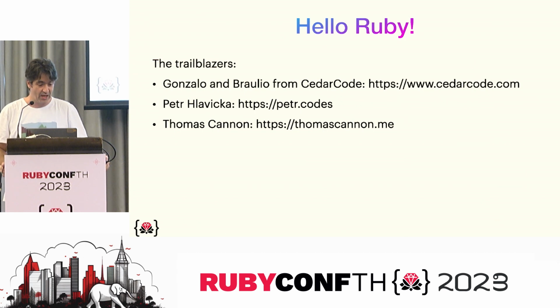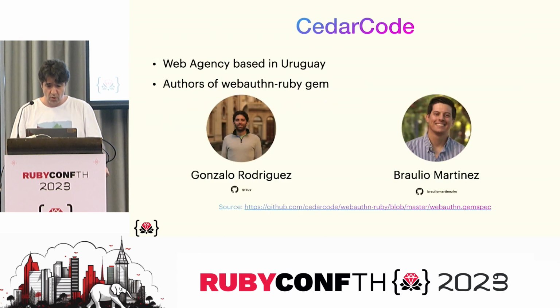And I want to give a shout out to the passkeys trailblazers in the Ruby community. I'm going to talk about Gonzalo and Braulio from Cedar Code, Peter Lavica, and Thomas Cannon. Cedar Code is a web agency based in Uruguay, South America, and they created the gem webauthn-ruby.